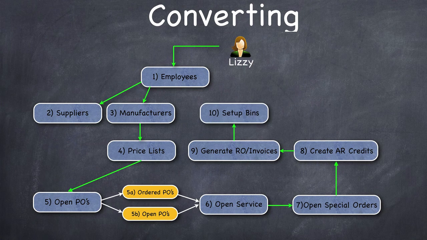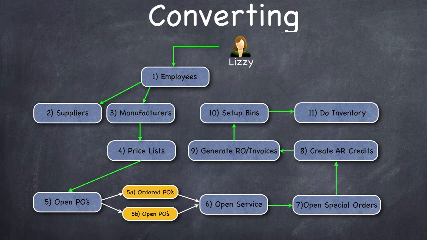At that point, we'll set up your inventory bins and those kinds of things along the way, and we'll start actually creating your inventory. Keep in mind that some of these things are done with conversion if you have data that you give to us. For example, if you gave us an inventory file, your bin locations will get set up when we import your inventory most of the time, and your inventory will already be in the system.